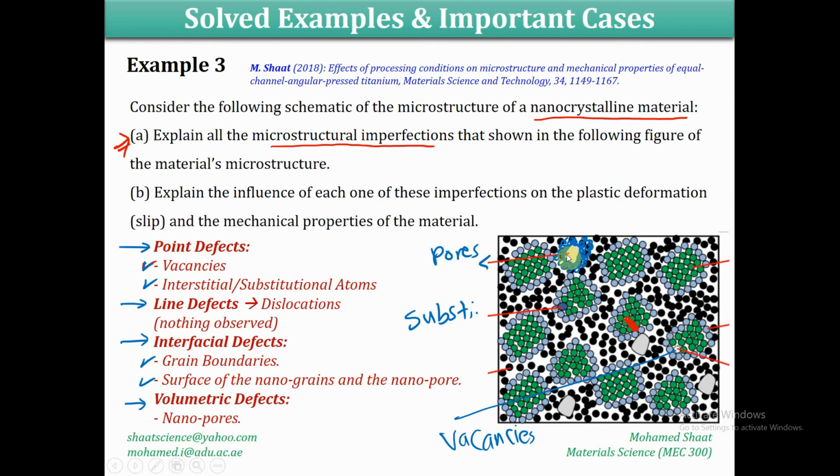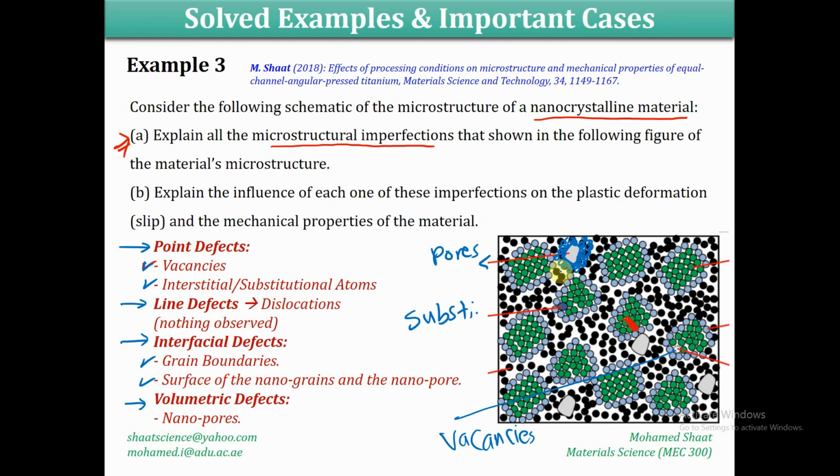Do you see this? Just observe the atoms located over the direct surface of the pore. These atoms will have excess energy very similar to the excess energy for the atoms surrounding the grain. So the atoms surrounding the pore also have extra energy, known as the surface energy, and it is going to be considered. It means that the existence of the pore, or the void, inside the material microstructure of a nanocrystalline material will contribute to two different defects.